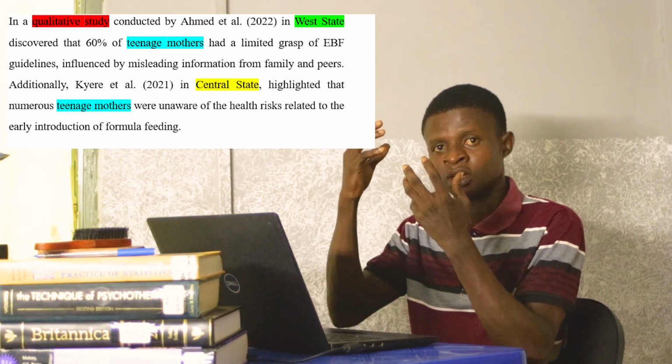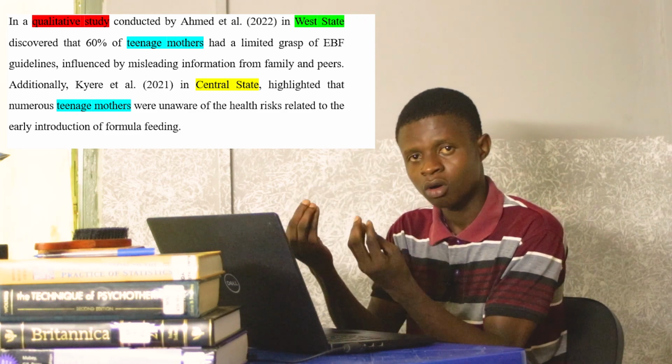Because when you try to repeat all the components, it can make your literature review boring, because it will be a repetition of words. But you need to be creative enough to make it flow, and make it sound nice and interesting when your readers are reading your literature review.